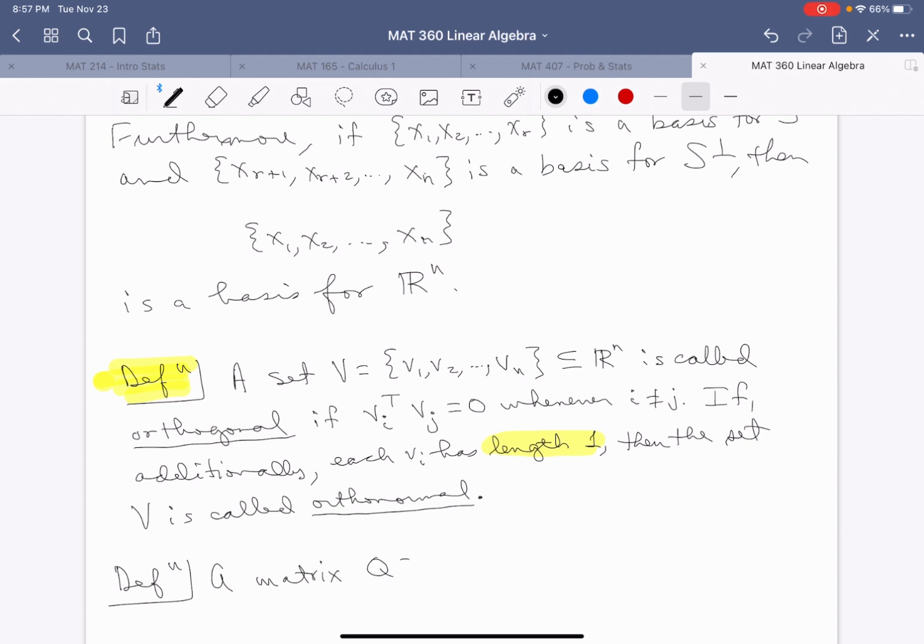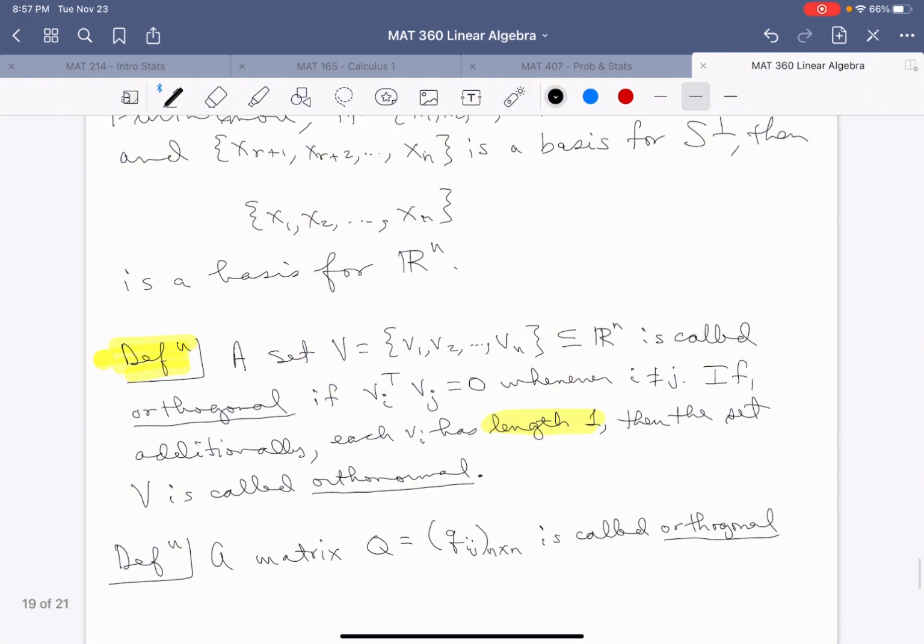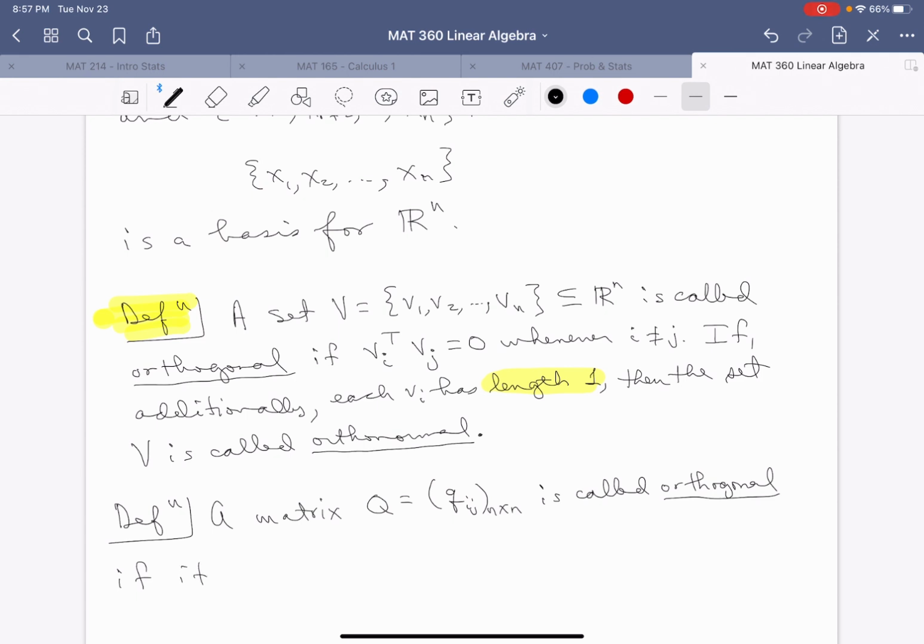A matrix Q which is n by n is called orthogonal if its column vectors are orthonormal, or form an orthonormal set.